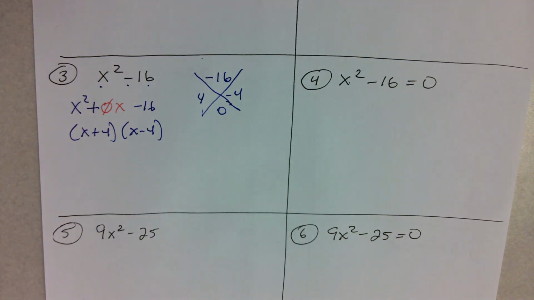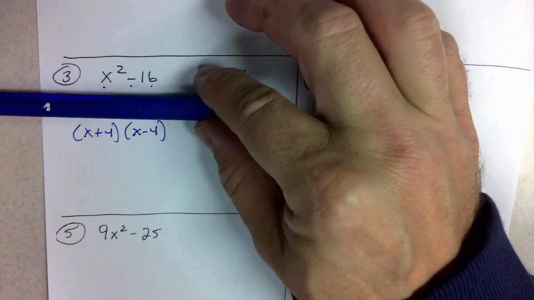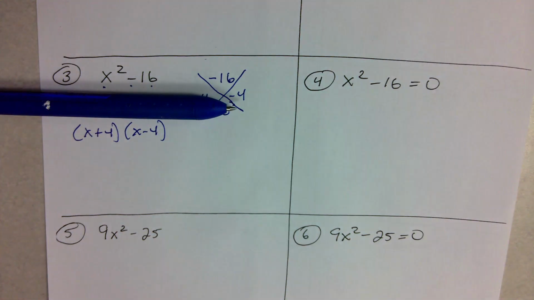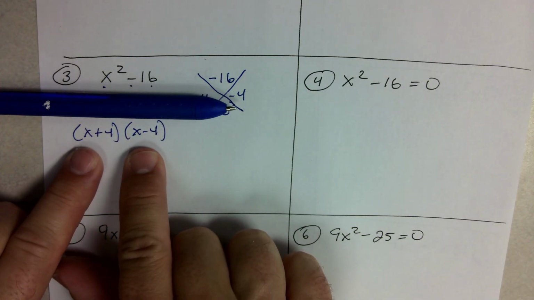Okay. Hear me out on this. If you have a first term that's a perfect square, and you have subtraction, and you have a second term that's a perfect square, you can go straight to the parentheses. Okay?